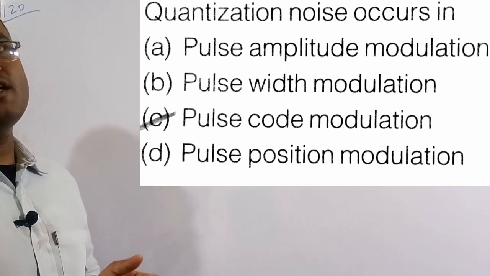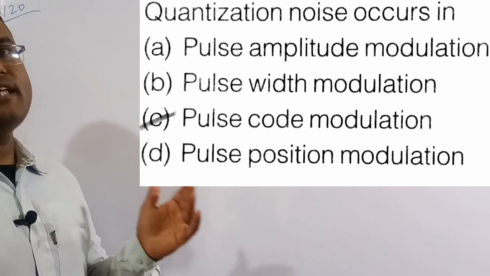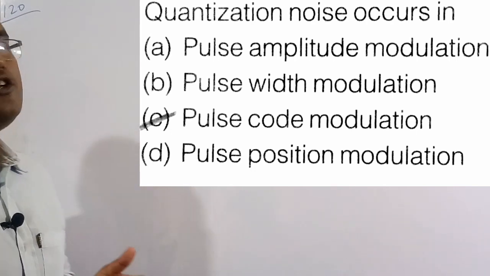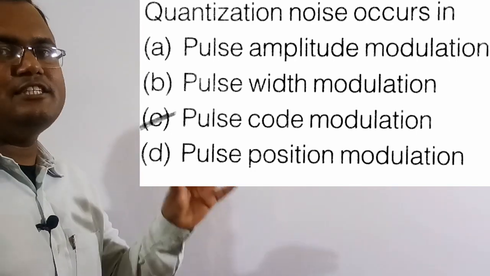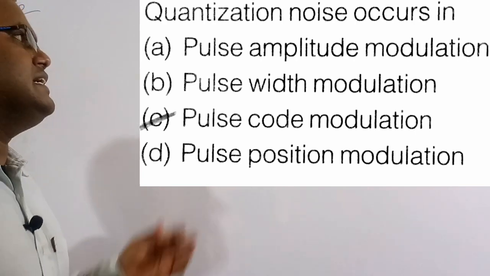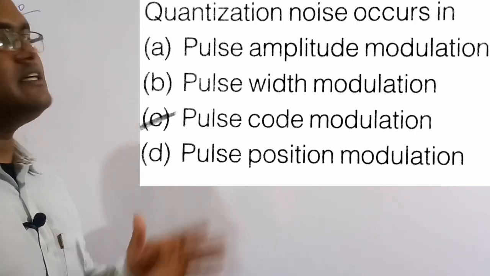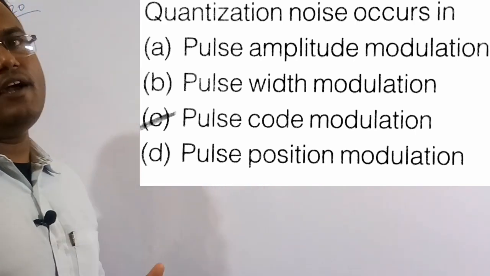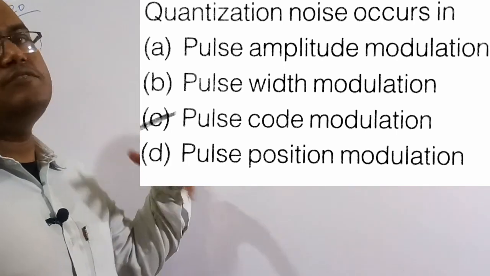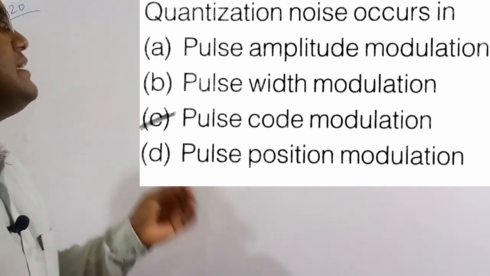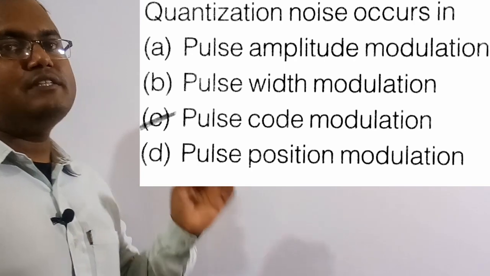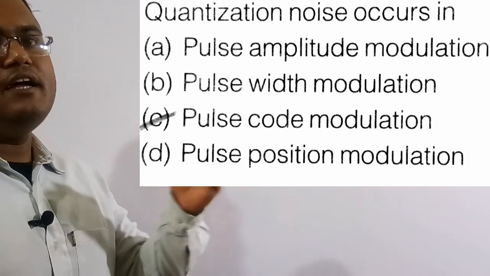So quantization error or quantization noise is nothing but sample value minus quantized value. Because of using the quantizer in this block diagram of the PCM transmitter, this error is going to occur, which is the sample value minus quantized value. See, the sample value can have an infinite number of amplitudes, but this quantizer is going to have a fixed number of levels because of the number of bits we are going to use.